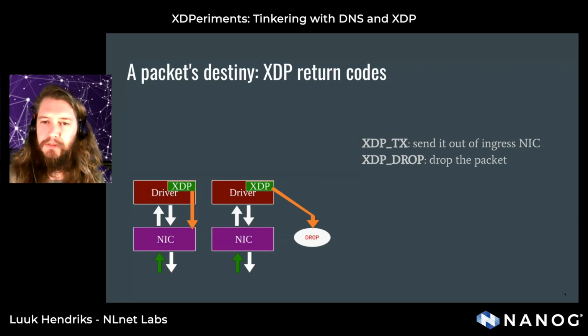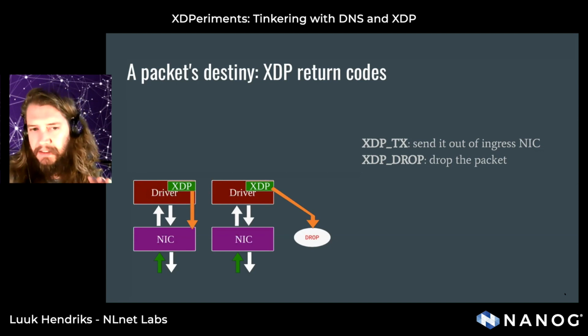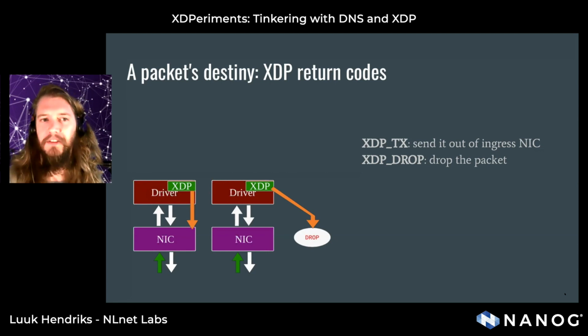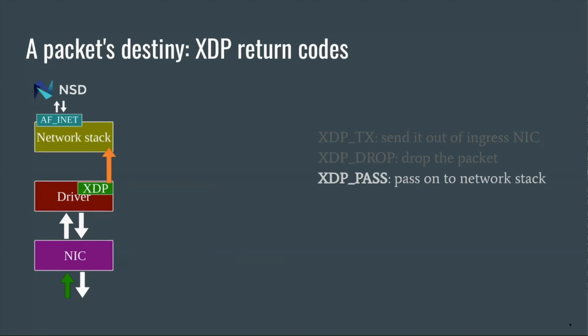Other option is XDP_DROP, which, well, no surprise, drops the packet. And this is very simple stuff, but I hope you can imagine that this already enables you to do quite some cool things, right, without going up to user space. We can still go up to user space. If we decide that our code needs to punt this packet upwards, we can still do this. We can punt it up the network stack and make it go to an authoritative name server, NSD, for example.